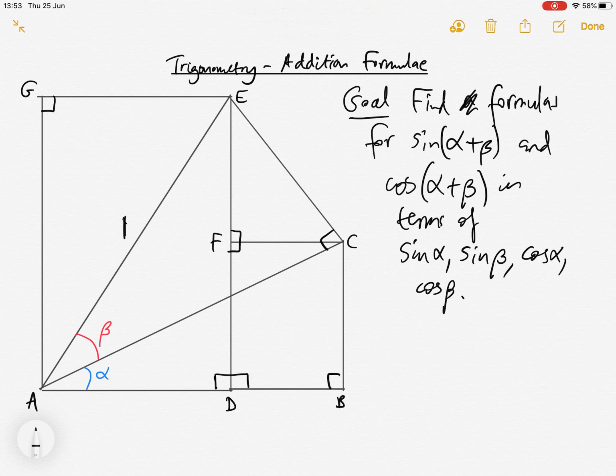Maybe start by thinking about where you're going to find sine beta and cos beta, and then think about if you can work out any of the other sides in terms of these four things. But eventually the goal is we want to find an expression in terms of these four things for sine alpha plus beta and cos alpha plus beta. So also think about where you can find these on the diagram.